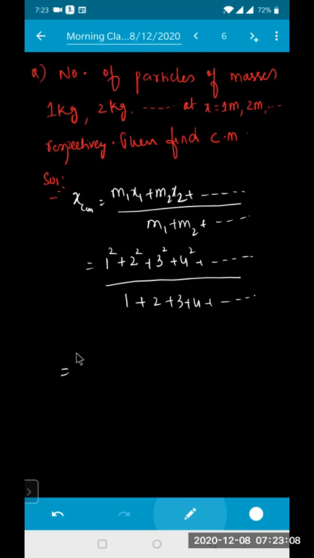This is the sum of squares of n natural numbers, and this is the sum of n natural numbers.